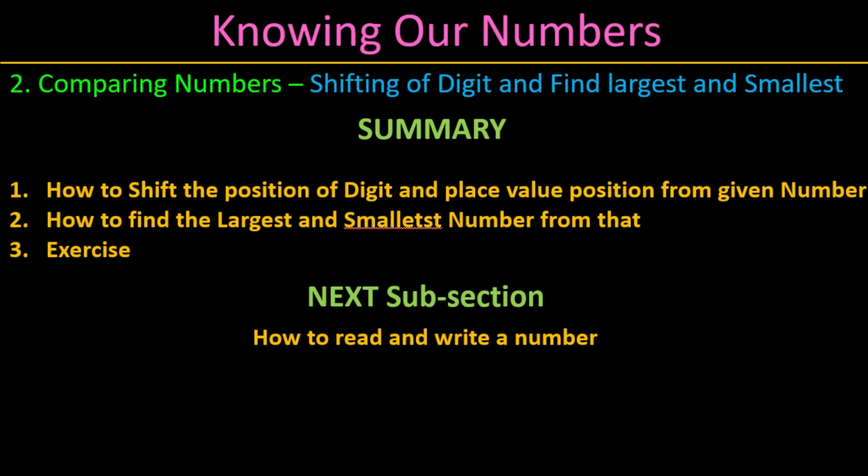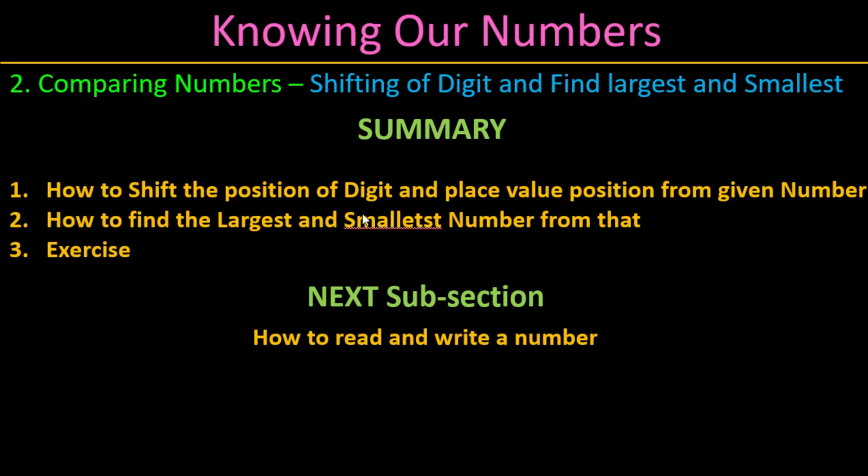In summary, today we understood and learned how to shift the position of a digit, its place value, from a given number, like from the 1s position to the 10s position or the 1s position to the 100s position, and vice versa. Second, we also understood how to find the largest and the smallest in a simple way, which we already learned the methodology for.